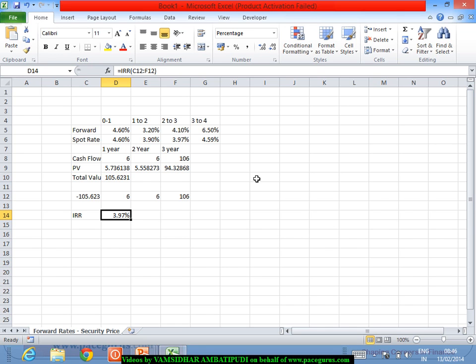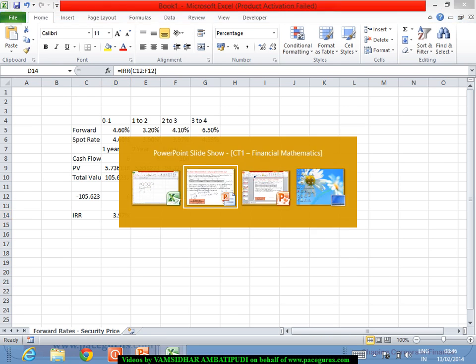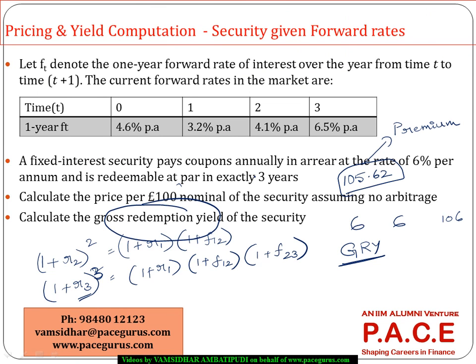3.97% happens to be the overall IRR for this period, which means the gross redemption yield, especially in the case of a bond where I'm looking at different forward rates for different periods, resulting in different spot rates for different periods.